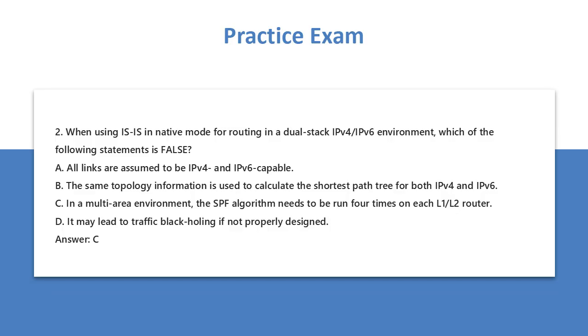B. The same topology information is used to calculate the shortest path tree for both IPv4 and IPv6. C. In a multi-area environment, the SPF algorithm needs to be run 4 times on each L1 per L2 router. D. It may lead to traffic black holing if not properly designed. Answer: C.